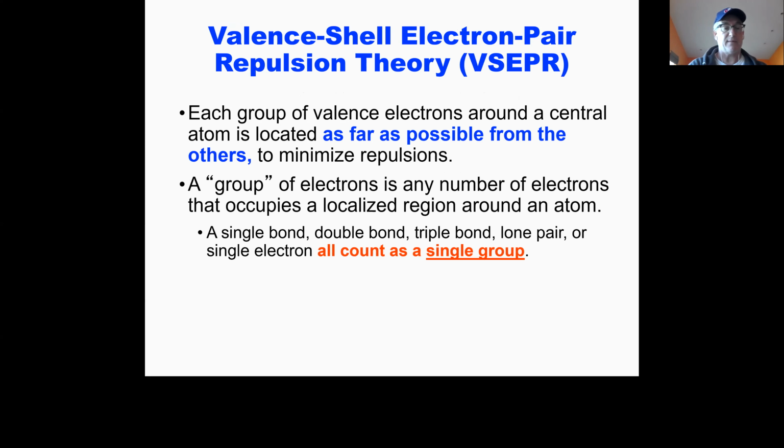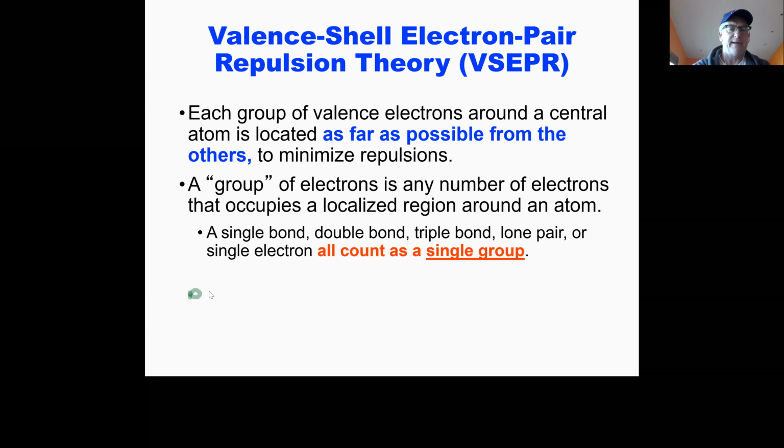Because you remember that when we talked about the quantum mechanical view of electrons, we weren't just talking about, here's an electron in space and here's an electron in space, and they're repelling each other.